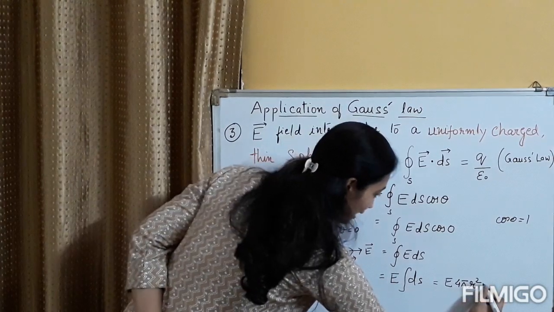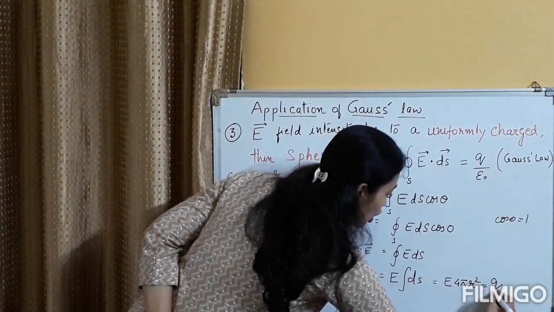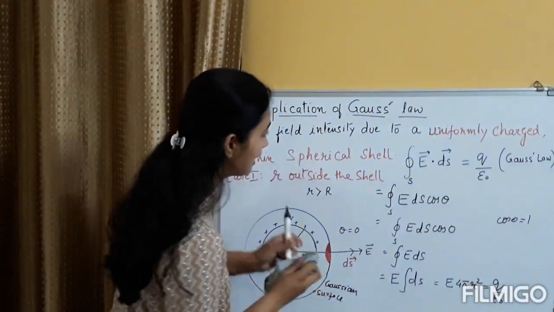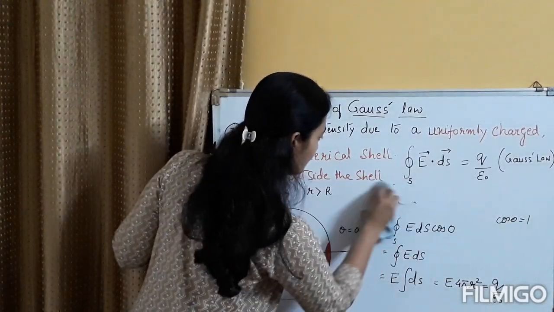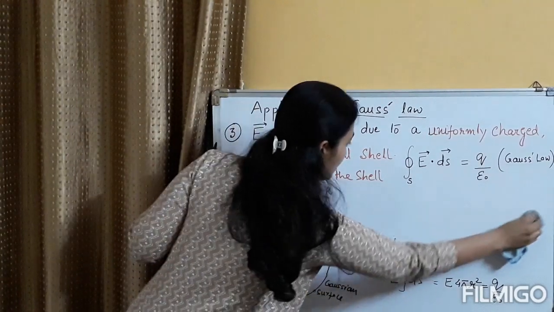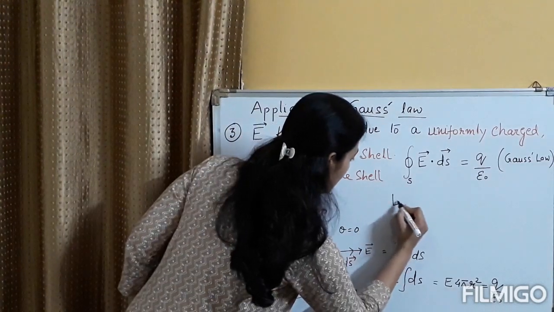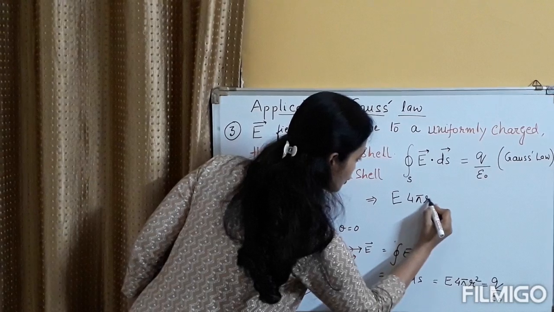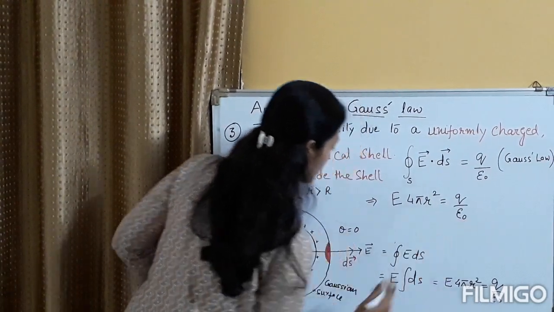You get this, and we have to equate it to q by epsilon naught. Let us see further what we will get here. What am I getting? I am getting E times 4 pi r square is equal to q upon epsilon naught.